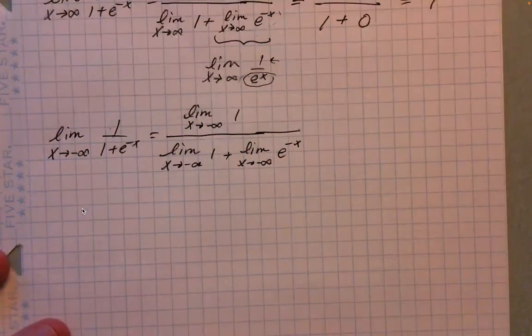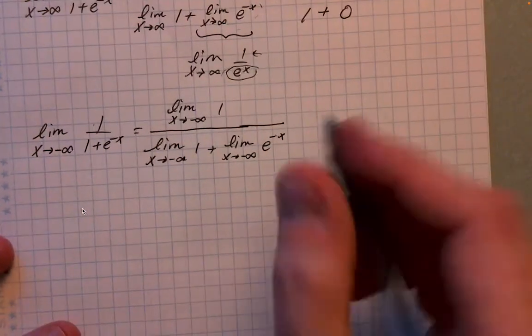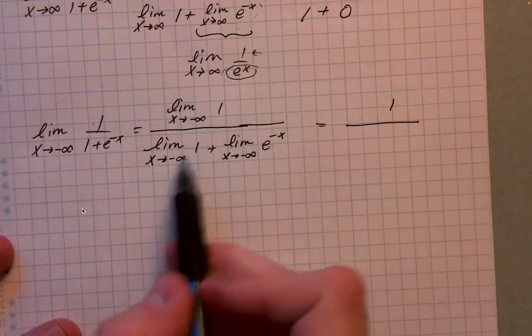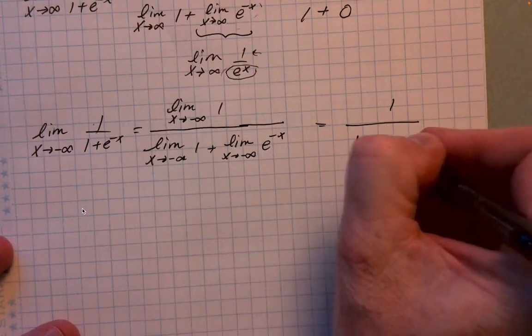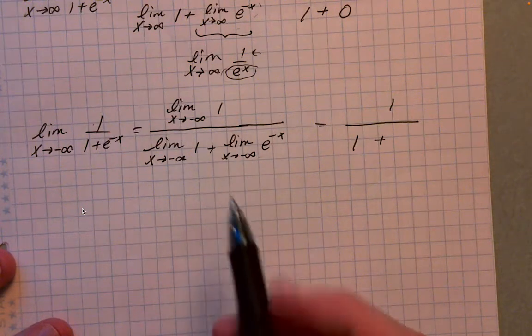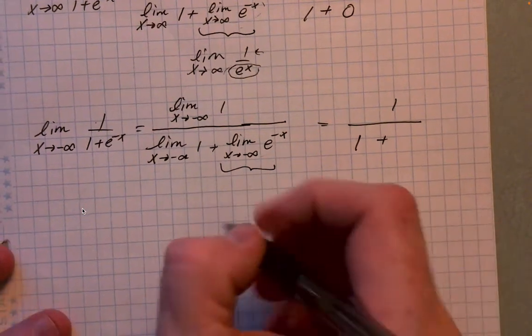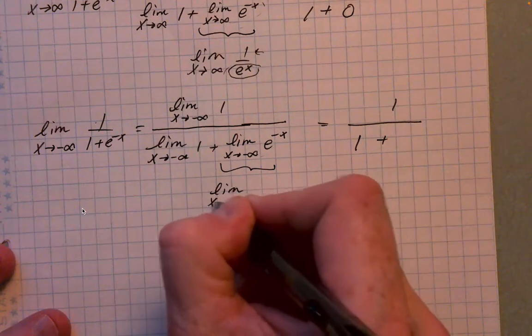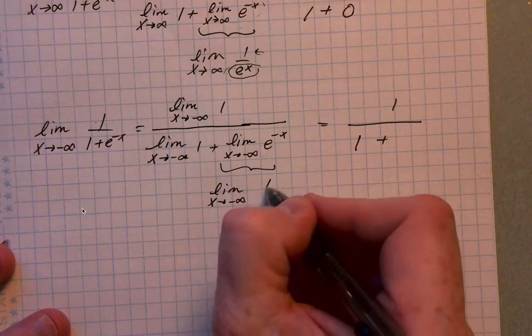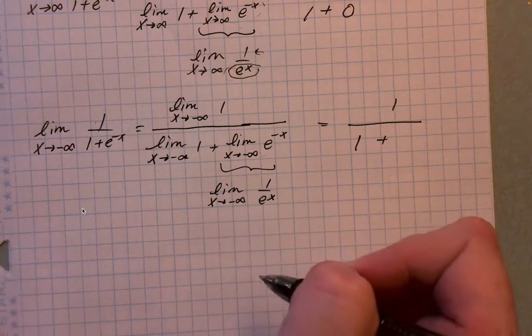Again, it's obvious what happens in a couple places. This is clearly 1, and this is also clearly 1. But what's going on here? Is this going to 0? Is this going to infinity? Well, again, we want to think about what this is. X is approaching negative infinity, and this is e to the negative x. So it's like 1 over e to the x.